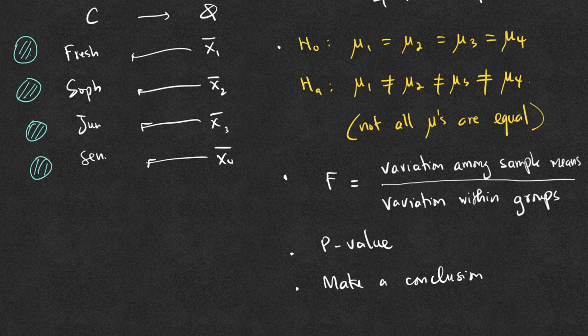And so the procedure is pretty much the same as the hypothesis test that we encountered before. It's just that the specifics in each step might be a little bit different, especially with the first step of stating the null and the alternative hypothesis, and the second step where we compute the F-test statistic.